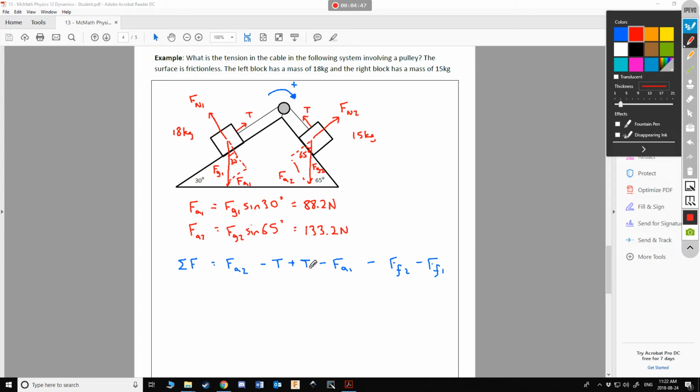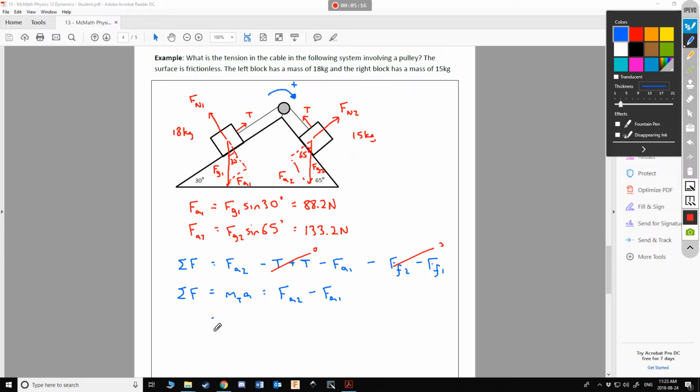And because we're looking at the system, the tensions will cancel out. And because there's no friction, the friction forces are going to cancel out. We are left with sum of the forces is equal to mass total times acceleration, which is just equal to FA2 minus FA1.